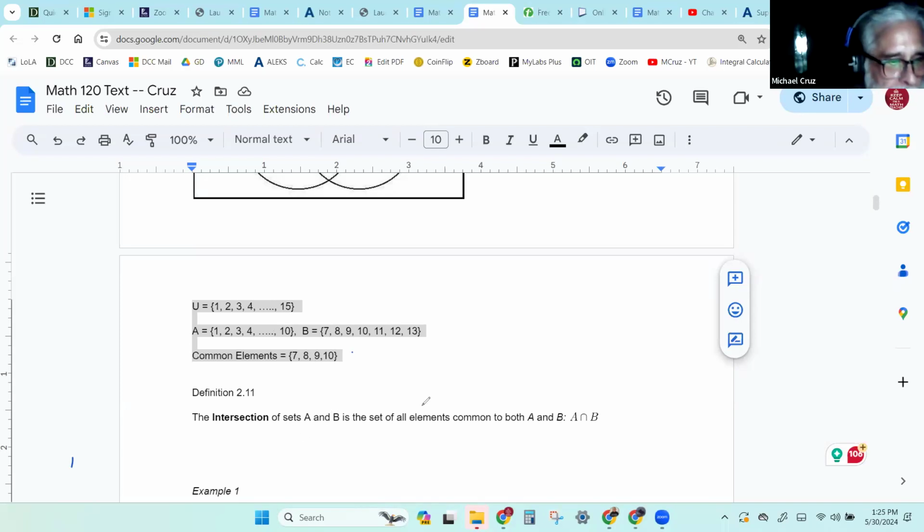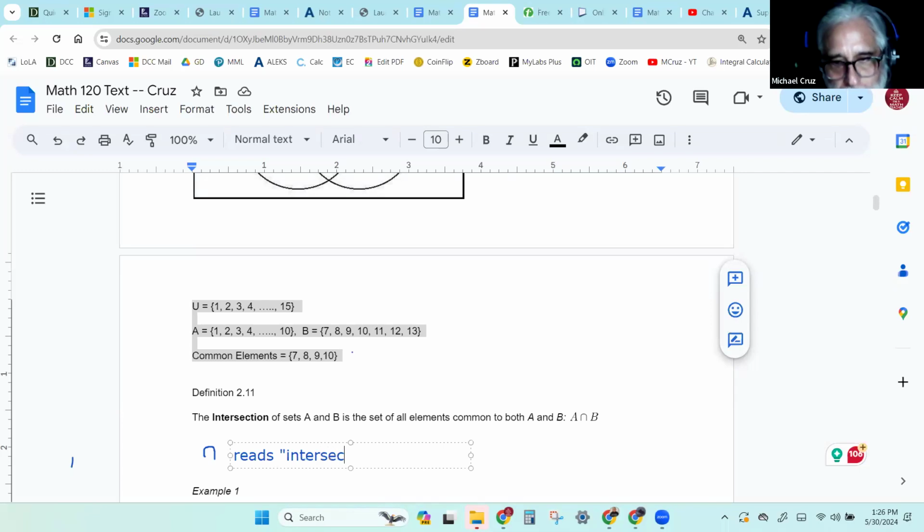The way that we represent that is with this little crazy symbol. So this right up here would have been A intersection B.